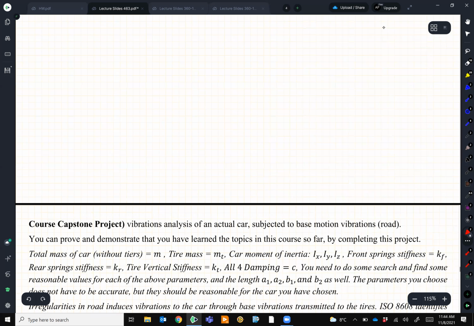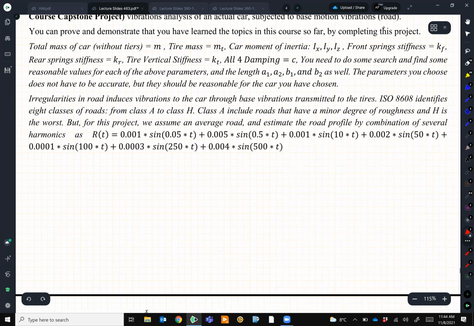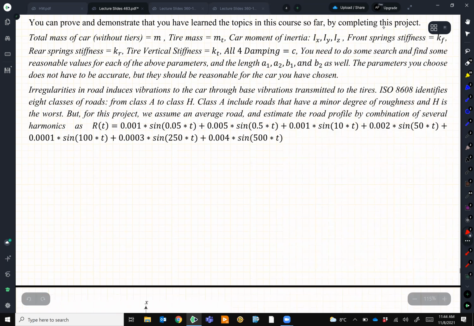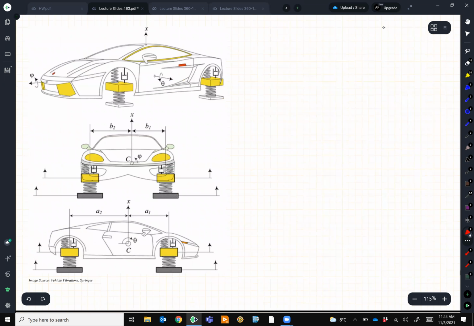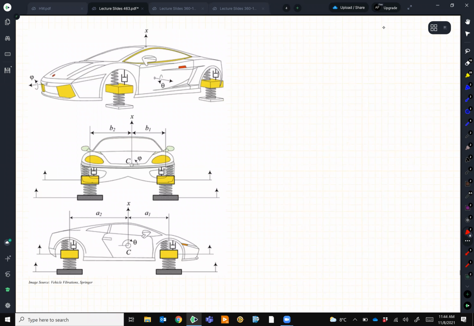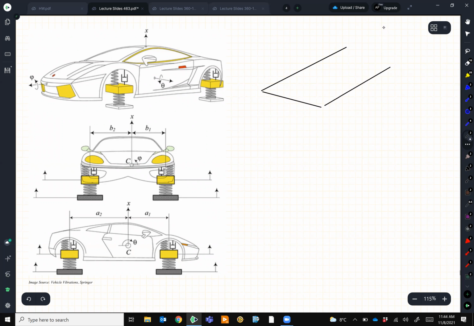And here we have extra pages. That's good. So your course project, I've noticed some of you already started, which is a good thing. Just one thing: based on the questions that I received, you need to be careful when you draw the free body diagrams for this one.